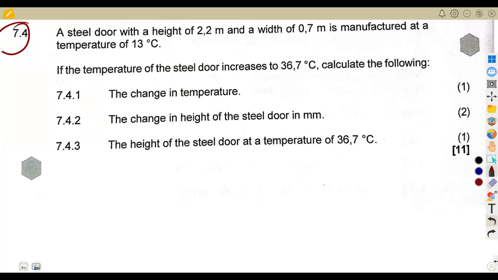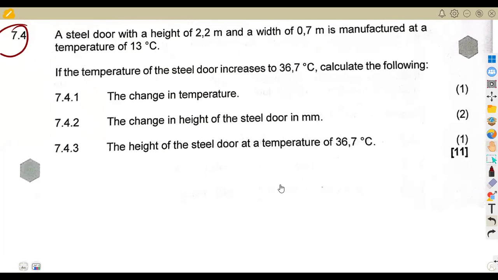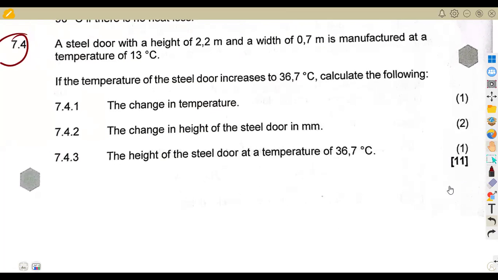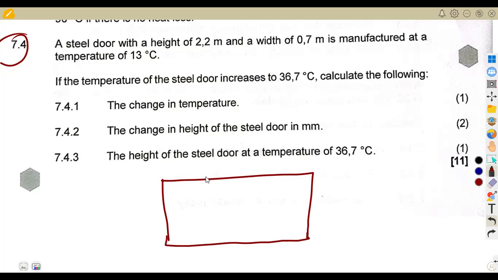7.4, a steel door with a height of 2.2 meters. So there is a steel door in that case, all right? So we want to understand about this door that we are given. Remember, this is a steel door. We are dealing with what? With steel in this case, all right? So it has got the height of 2.2 meters.